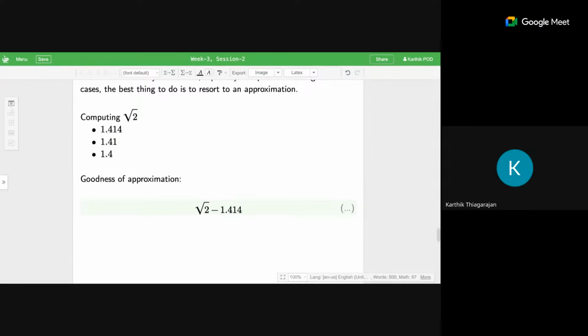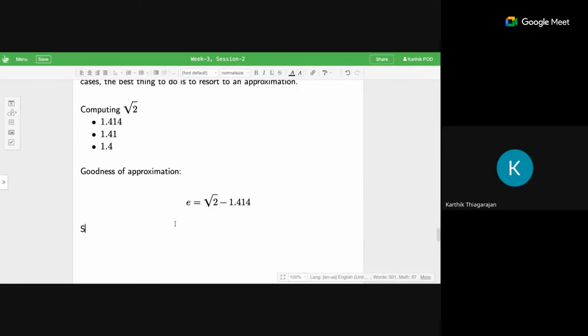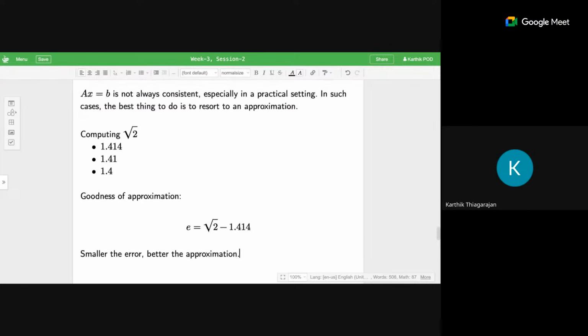I call this the error, and the smaller the error, the better the approximation. Okay, this is for real numbers, if you want to approximate a single scalar value.